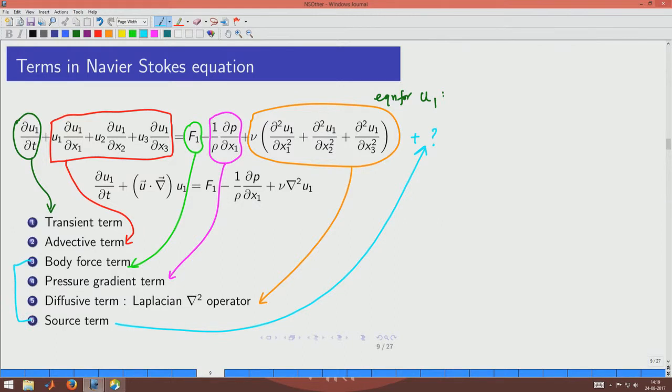So, in addition to what was there in the default form of the Navier Stokes equation, you want to give a name called source term, but otherwise the source term is the same as the body force term. We know that this equation has come about from the integration of all these quantities over the moving control volume. Okay. So, whatever you are doing for F1, you are also doing for the source term, integration over the entire volume, and therefore, they are also called body force terms.